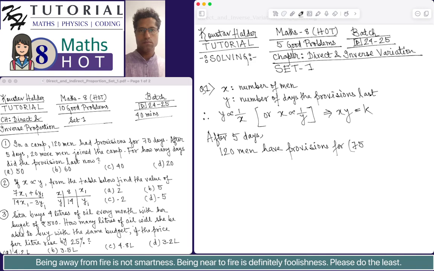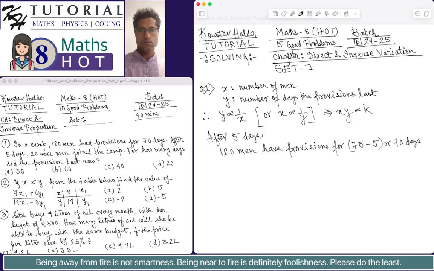So definitely, after that amount of food is consumed, the remaining food should be enough to last for another 75 minus 5, or 70 days. So this is the scenario after 5 days, that there is food available so that 120 men can last for 70 days. Okay.